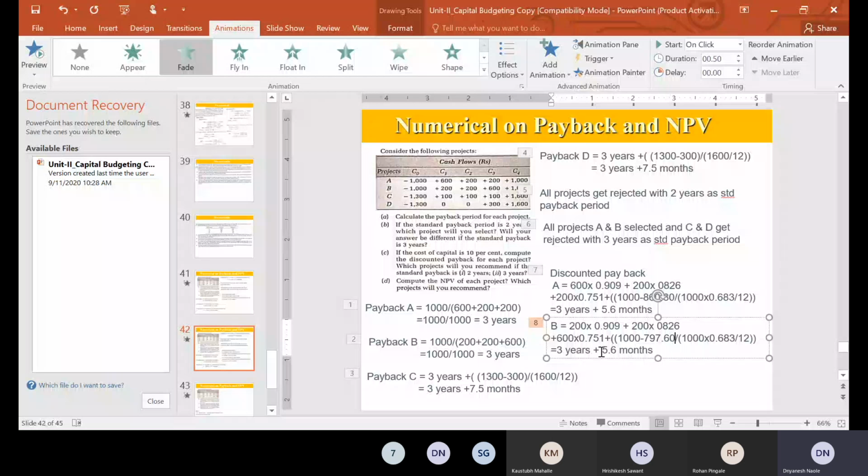Change नहीं हुआ क्या? यहाँ पे क्या आ रहा है? 1000 minus 797.60 divided by, in the bracket, 1000 into 0.623.